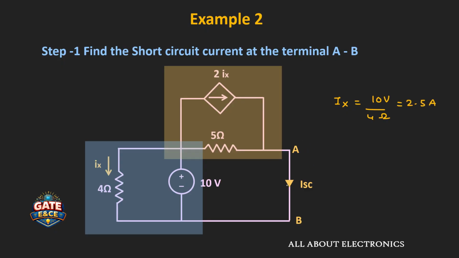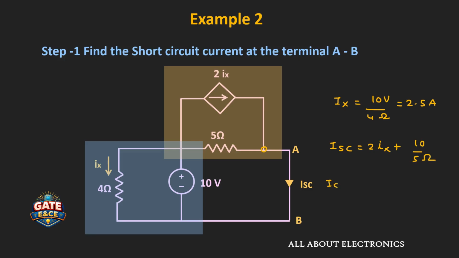So now to find this short circuit current, let us apply the KCL at this node. So if we apply the KCL at this node, then we can write this short circuit current ISC is equal to 2 times Ix plus the current through this 5 ohm resistor. That means short circuit current is equal to 2 times Ix plus 10 divided by 5 ohm.